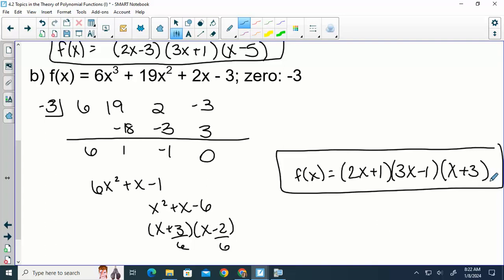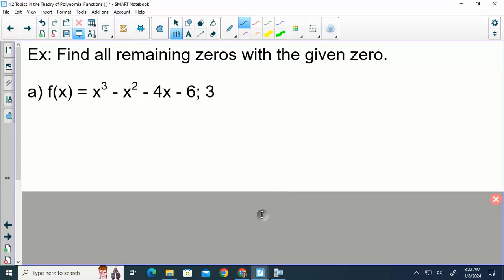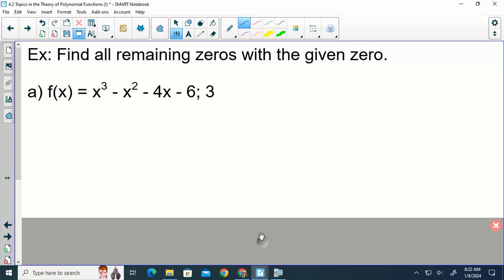So, similar question, but I'm changing my directions. I'm asking you to find the remaining zeros. So what are zeros? Where it hits the x-axis. So it's just a number.